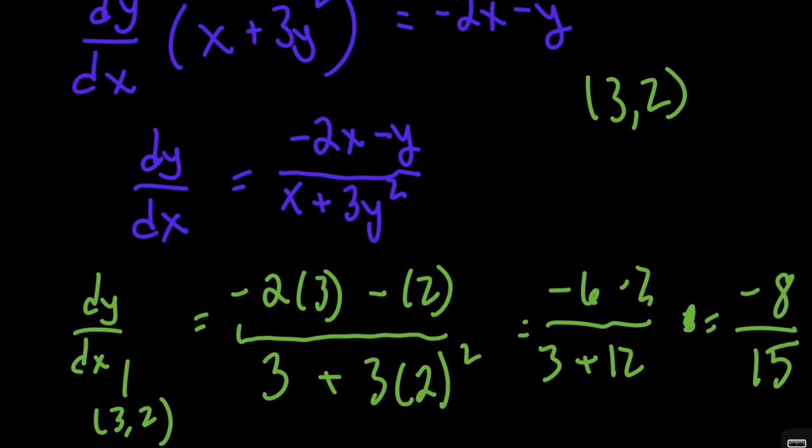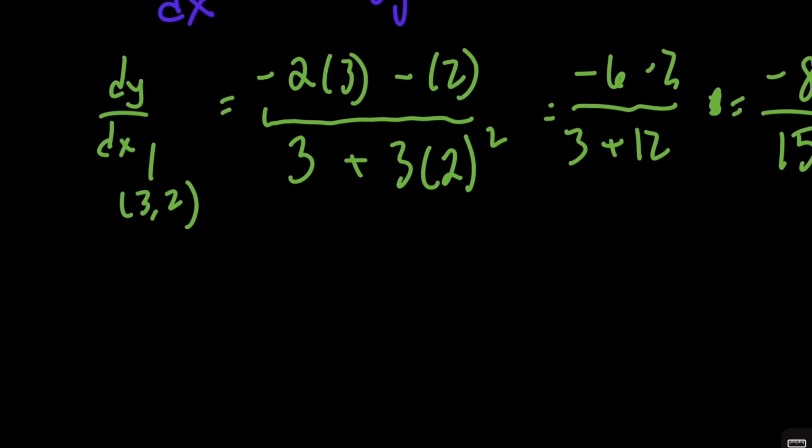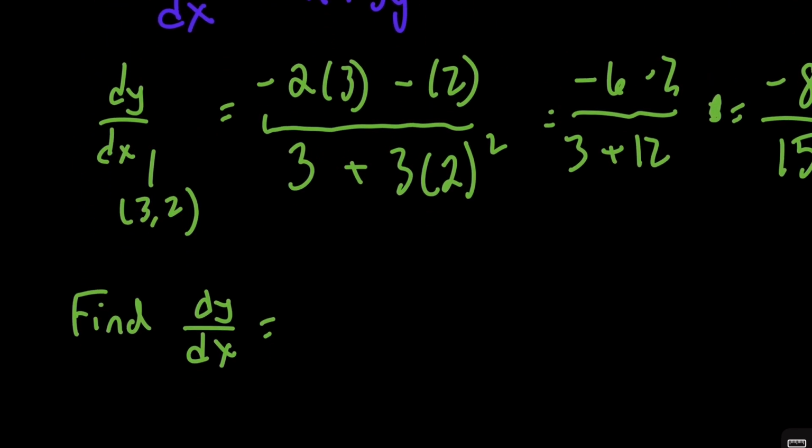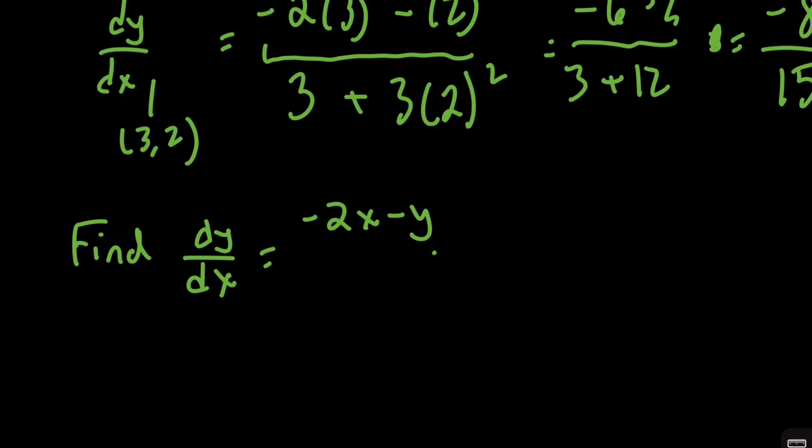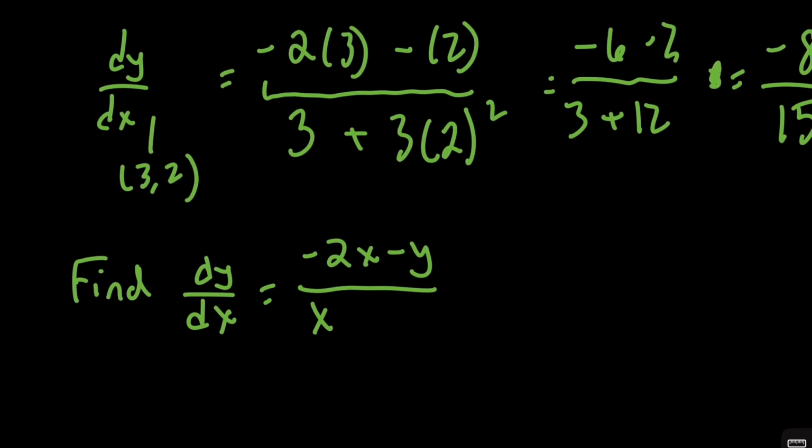And sometimes what they would do is, for example, you might see in an FRQ portion as the first problem, they'll give you the problem. So this is the equation. For example, the problem might be: find dy/dx equals the answer which we got here, which is negative 2x minus y over x plus 3y squared, for this equation.